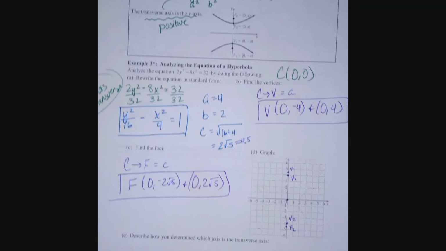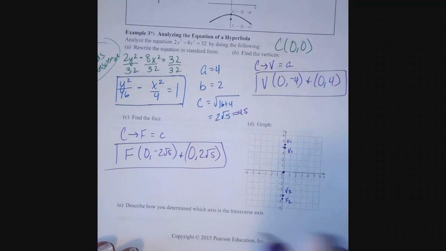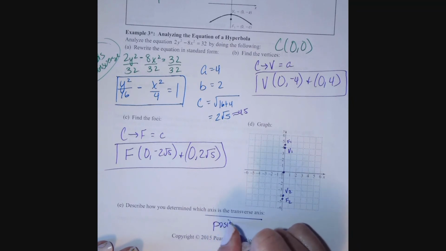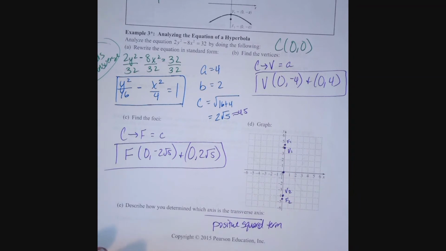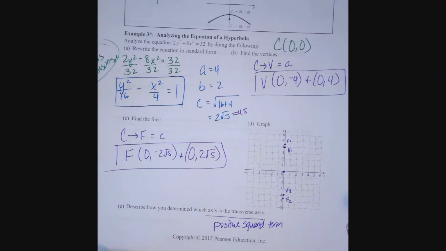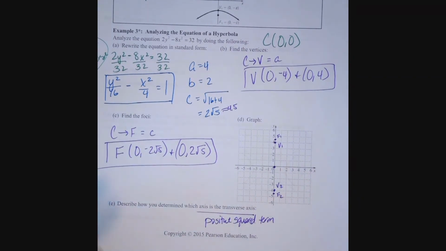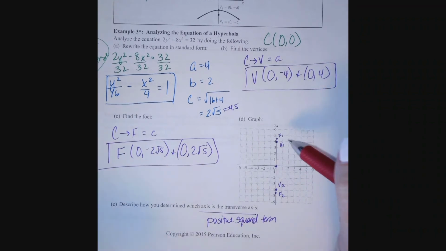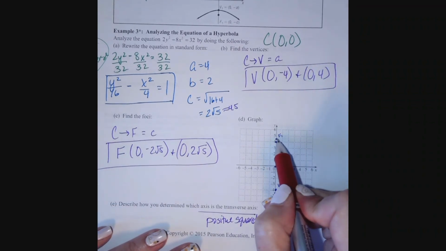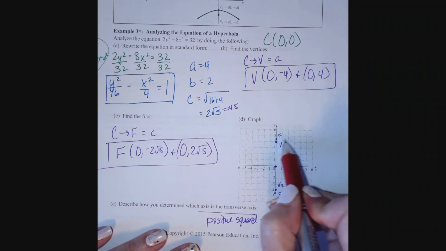All right, we can answer the question of how we determined which axis is the transverse axis. That was my positive squared term. The last thing we need to do in order to graph our hyperbola, to know how wide it is, because the only way we know how to do it right now is to find points, is to find how far out we go from the focus.